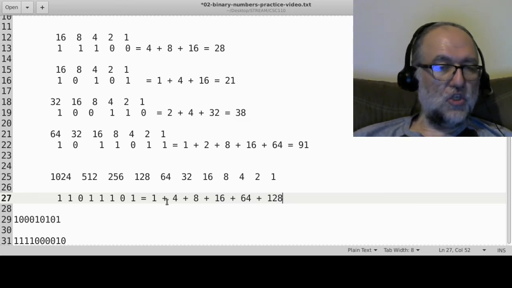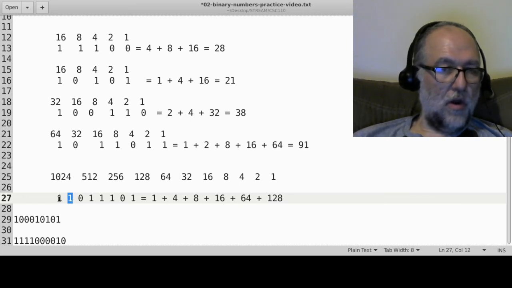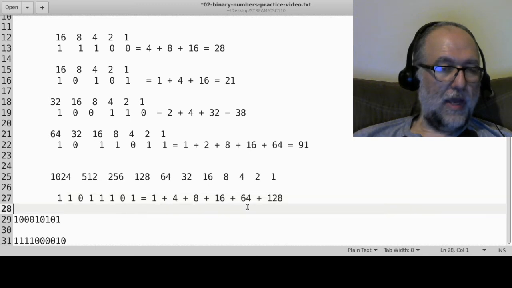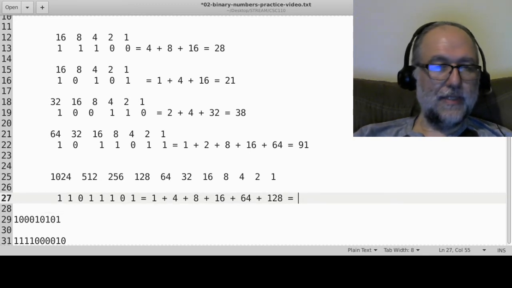All right, now let's just check to make sure that I had that right. This is the ones column, and I have a 1. 2's column and nothing. 4's column, and there's my 4. 8's column, and there's my 8. 16, no 32. 64, there's my 64. And after 64, 128. So that's that number there.